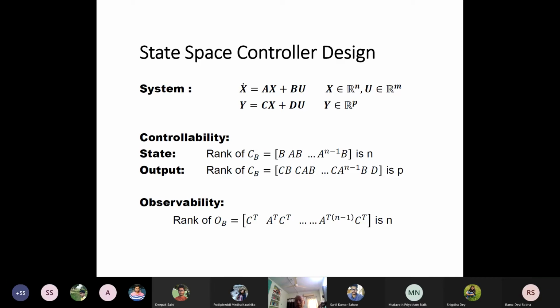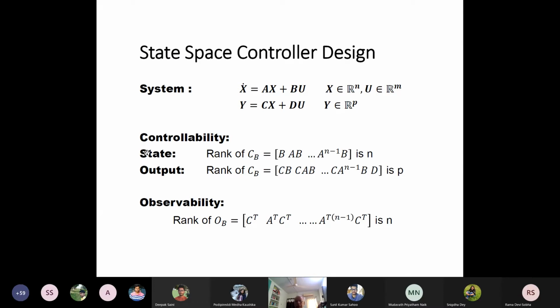Now, to design a controller for these state space systems, we have to know what we mean by the controllability conditions and the observability conditions. The derivations of the controllability conditions and the observability conditions were already done in my last class. I'm just recapitulating the conditions here.